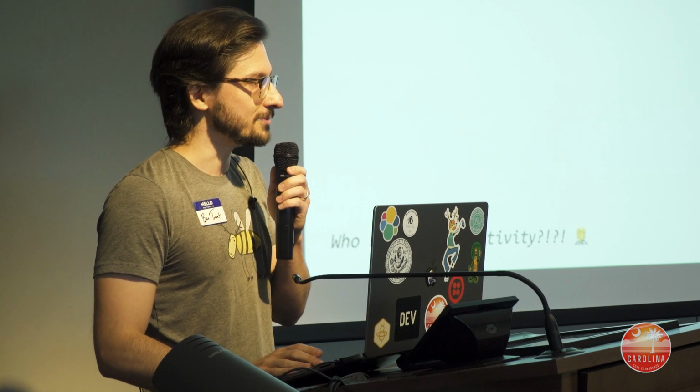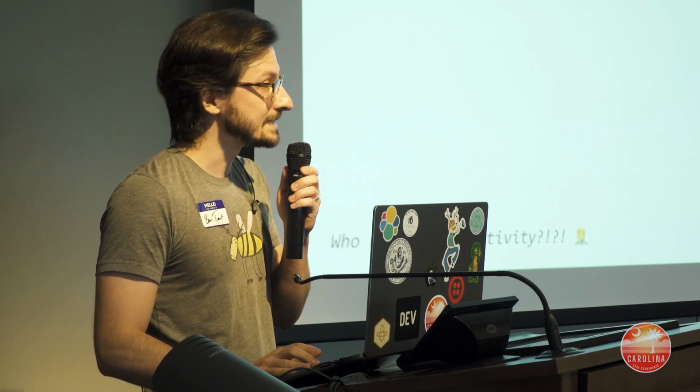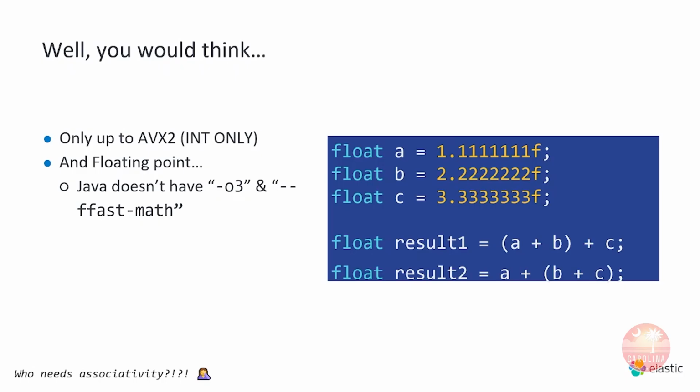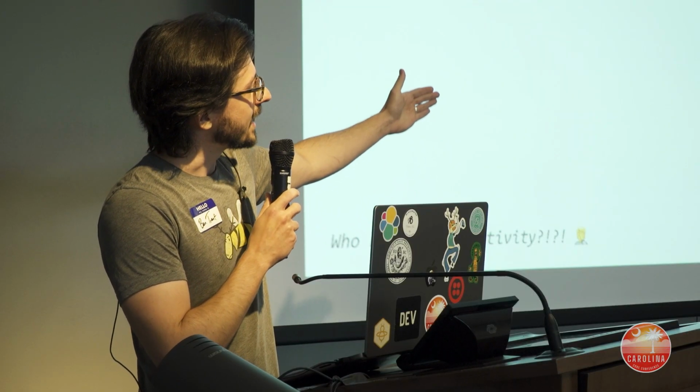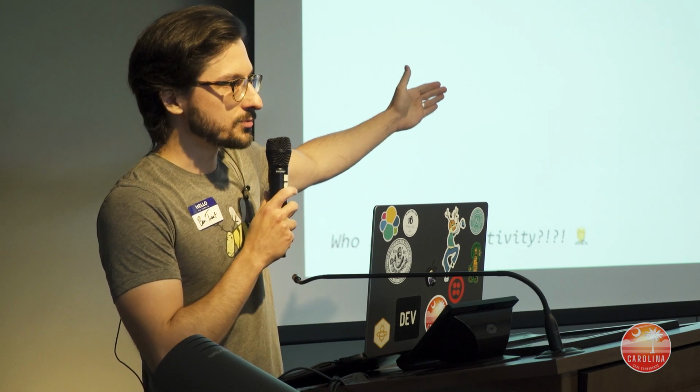Anybody guess why you can't do it with floating point? Yeah, because the floating point arithmetic sucks. So this, as somebody with a math background, these 2 results are the same. Yes? Floating point operations say, no, they are not. You are a fool for thinking that adding things like this should work.